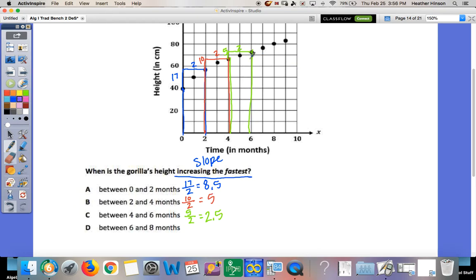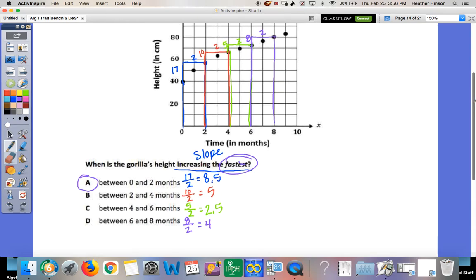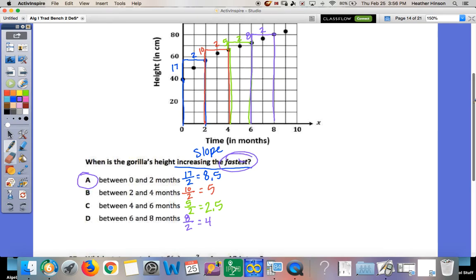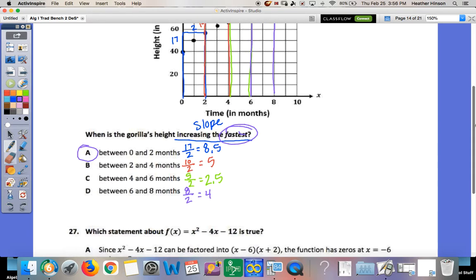And the last one, from 6 months to 8 months, I'm going to go back to that 72-ish. And that one actually does hit 80. So about 8 in 2 months. So that's approximately 4. So which one of these is going the fastest? That's going to be A. Again, you don't have to have the exact numbers, just estimate it. And the one that went up the most within 2 months was A.